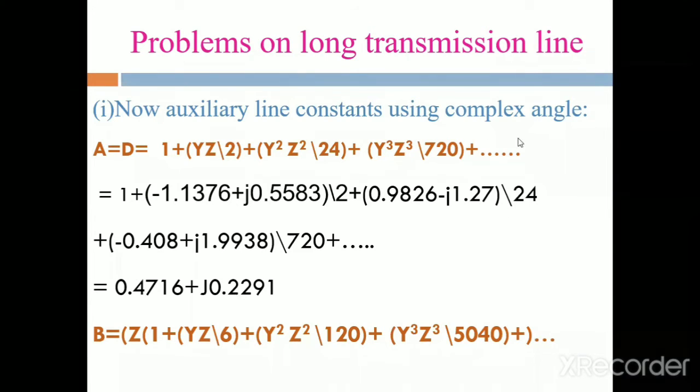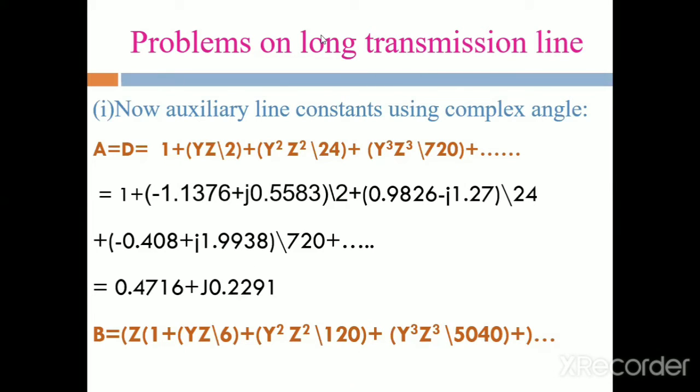In the case of the complex angle method, the formula for B is equal to Z into 1 plus YZ by 6 plus Y square Z square by 120 plus Y cube Z cube by 5040 plus and so on.